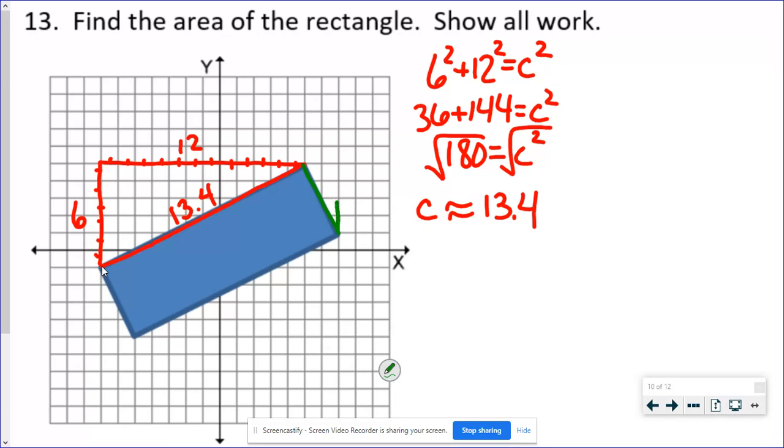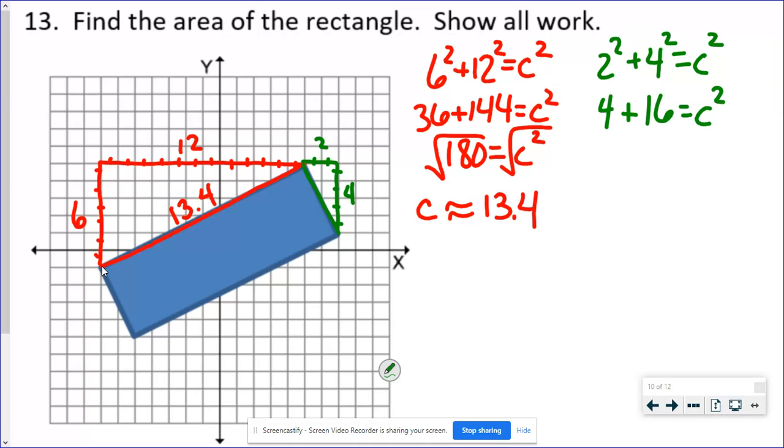So if I would draw in my right triangle here using the hypotenuse as the side of the rectangle, this is 2, this is 1, 2, 3, 4. So 2 and 4 are my legs, which we've already done. So that's going to be 4 plus 16, so that's 20, and then the square root, which should be about 4.5.